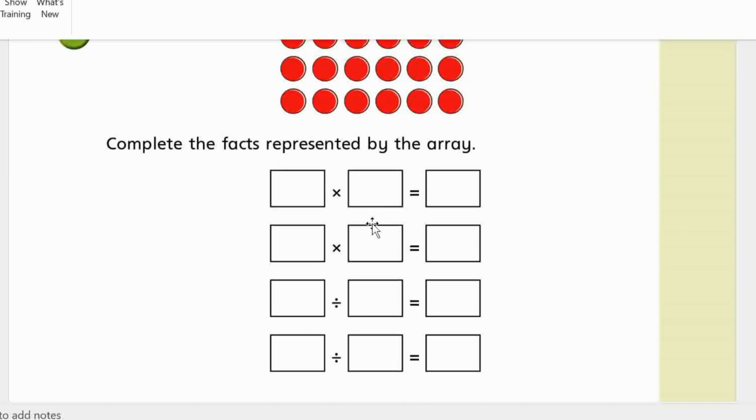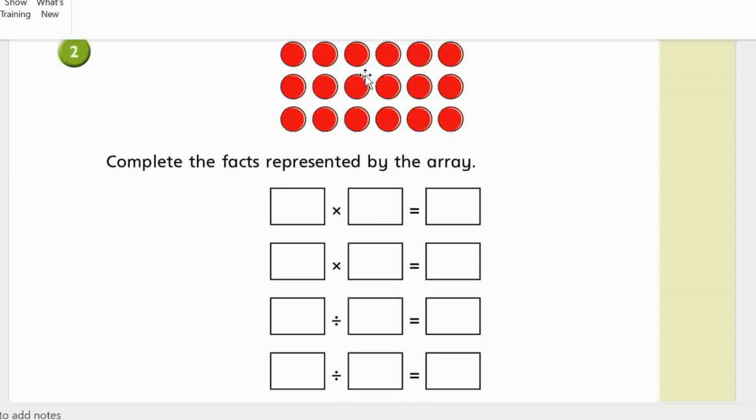Okay, complete the facts represented by the array. So we have here counters. What could I write in the first box? And what does that equal? How can I write this differently? We've got 3 times 6, so we want to do 6 times 3, which equals also 18.